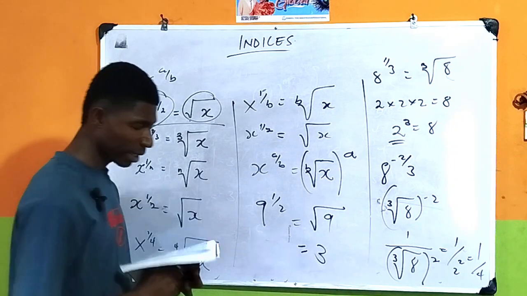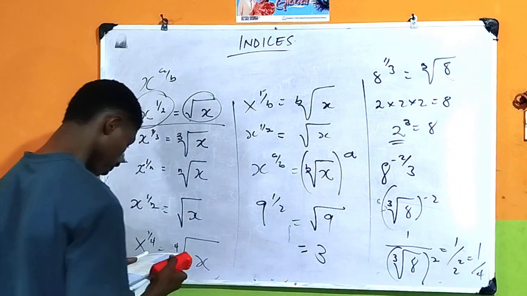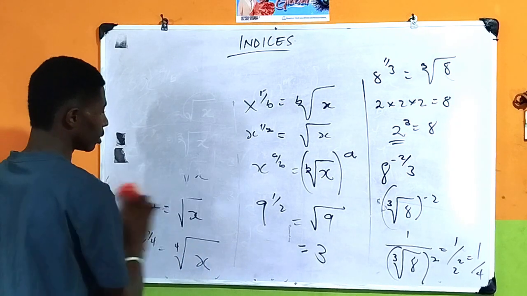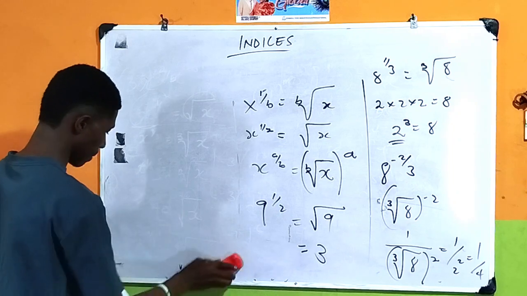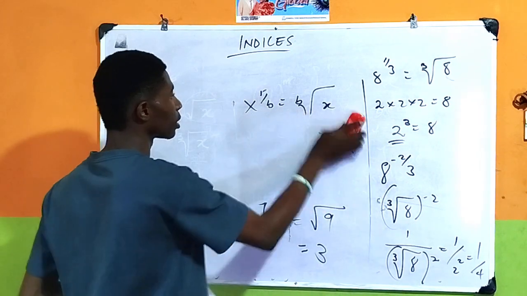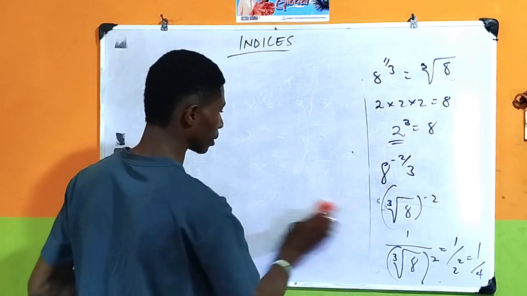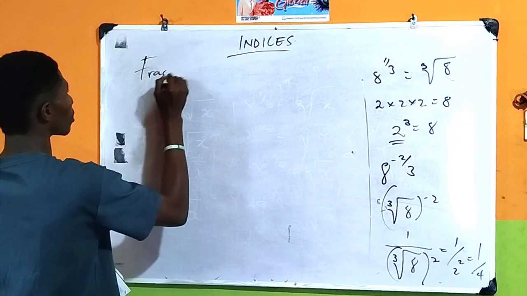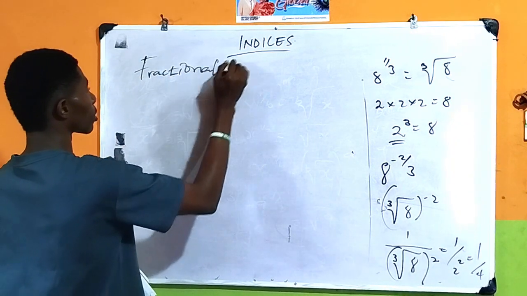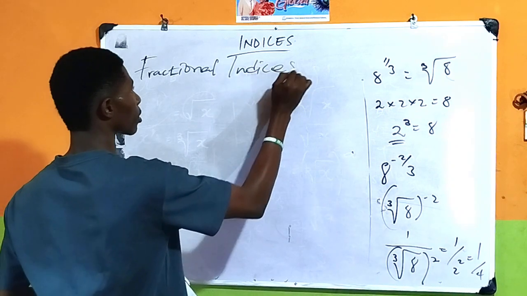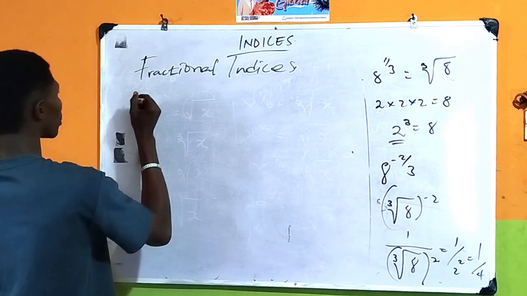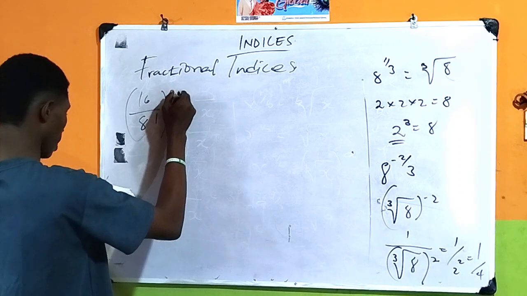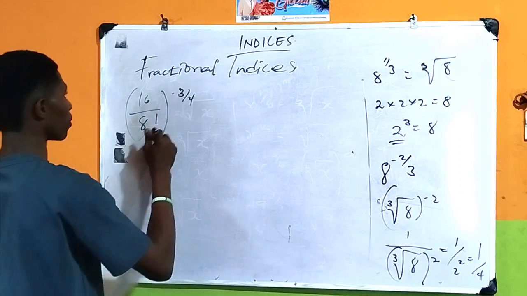And let's take our final example under these fractional indices. So I have 16 over 81 power minus 3 over 4.